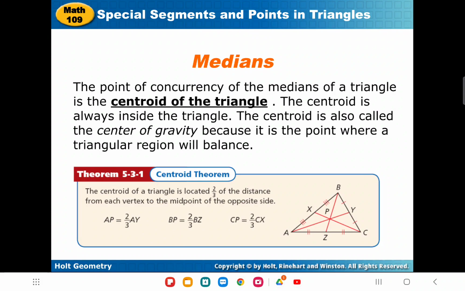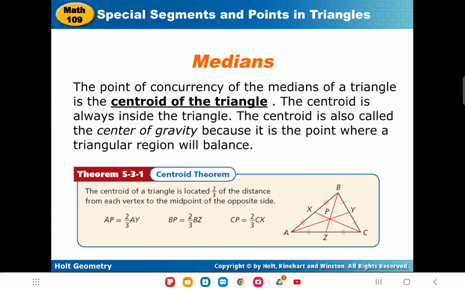We see here in triangle ABC that the midpoints are X, midpoint of side AB, Y, the midpoint of side BC, and Z, the midpoint of side AC. These segments AY, BZ, and CX are concurrent at point P, the centroid.